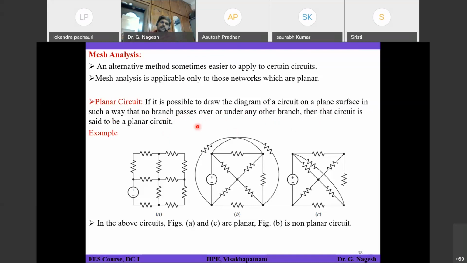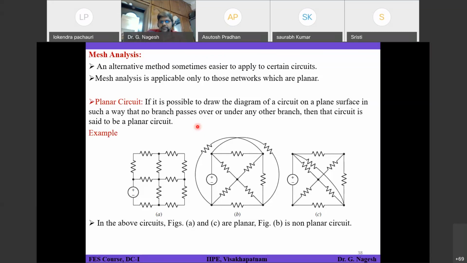That means you should be able to draw a circuit on a plain paper, on a surface, and the condition is that one branch should not overpass or underpass another branch.